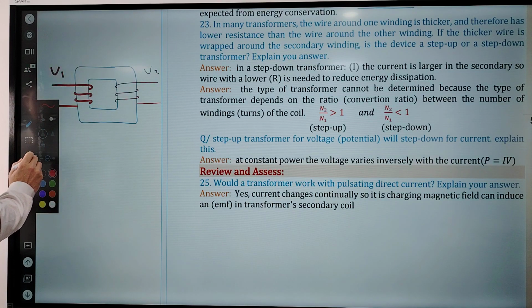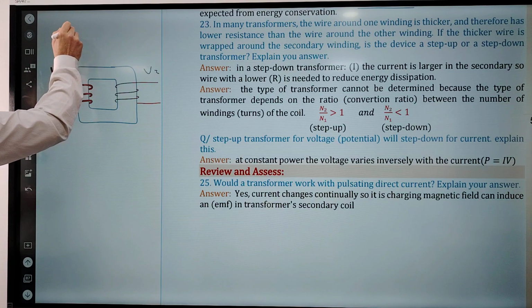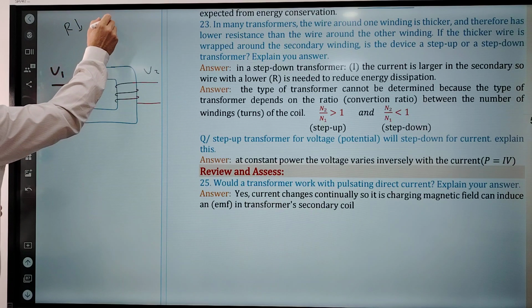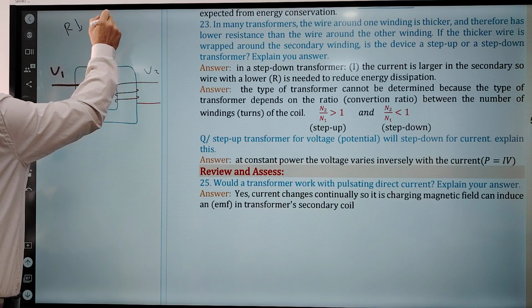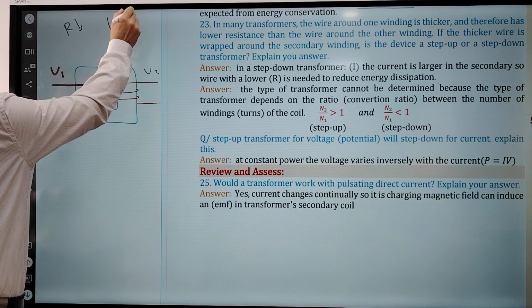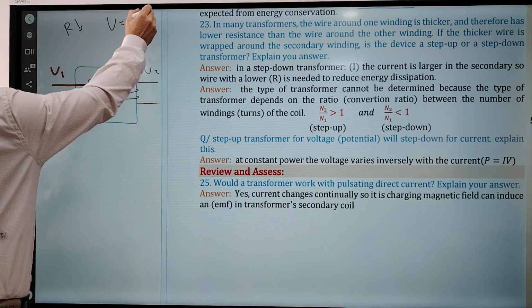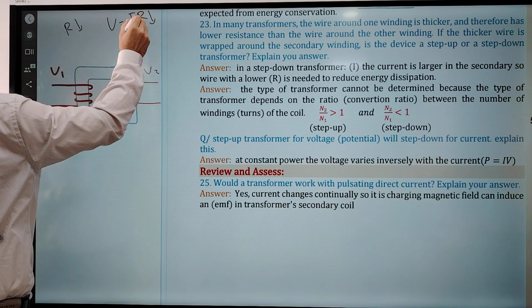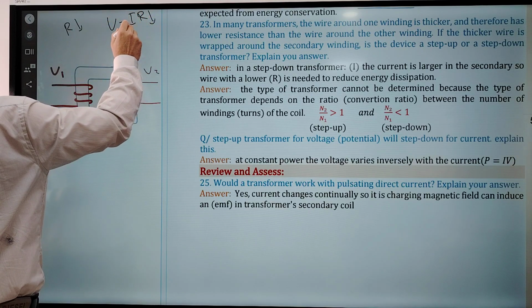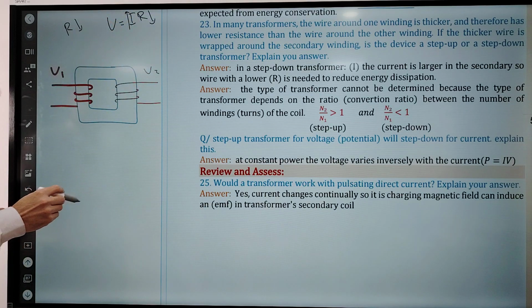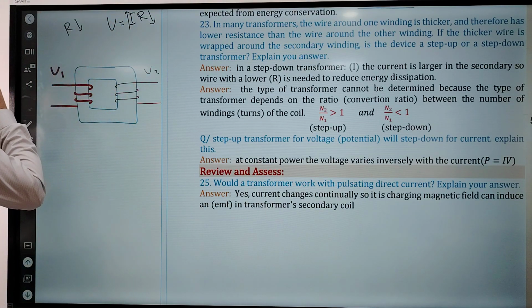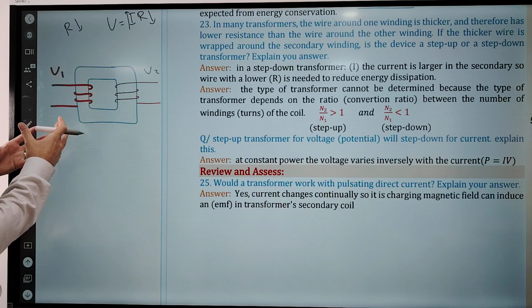So V is equal to IR, and when the resistance is lowered, the magnitude of the current increases. More current passes through the coil.